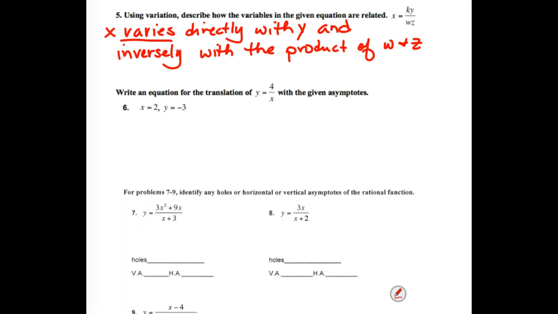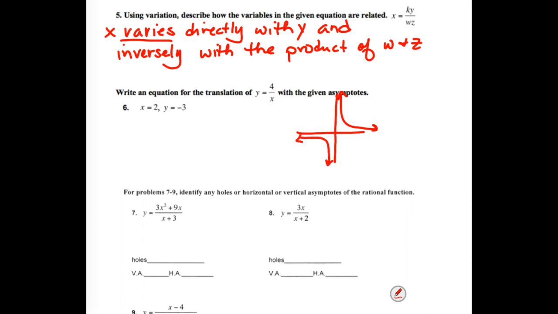All right, moving on. It says, write an equation for the translation of y equals 4 divided by x with the given asymptotes. This is an inverse variation problem, right? Y equals k divided by x. So when we looked at the shape of those, we had branches in quadrants 1 and 3, unless we had a negative k value, right?